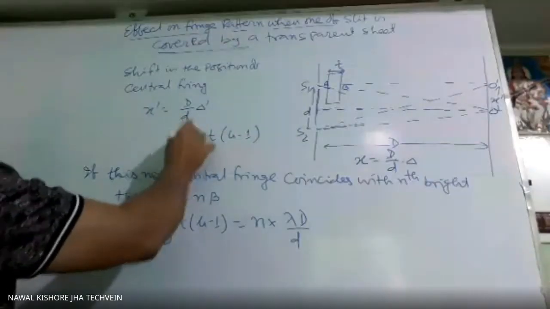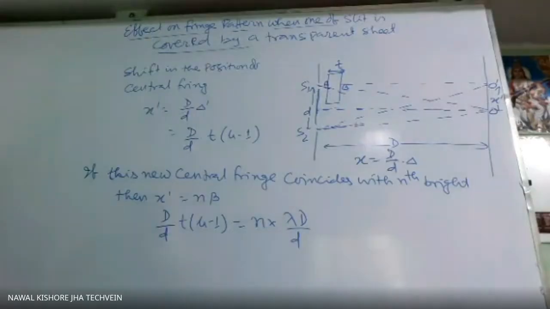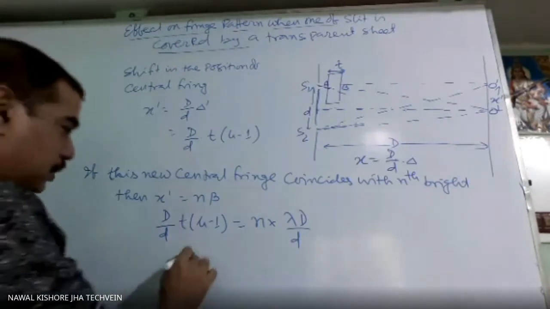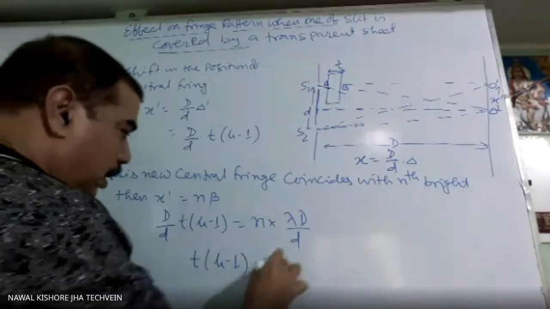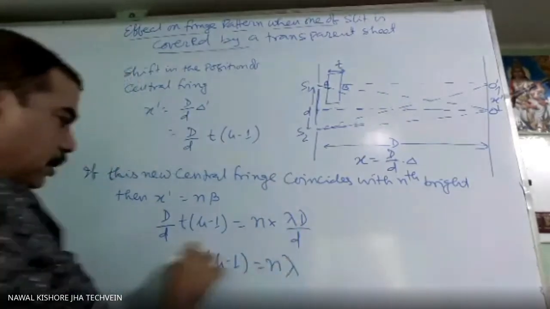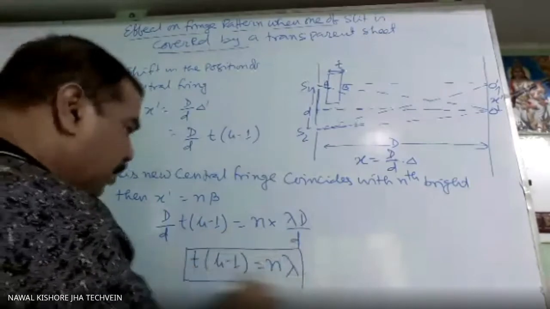The capital D will be the numerator, no? Yes, sir. This D by d will cancel. That means t (mu minus 1) will be equal to n lambda. That is the required relation which we have to know.